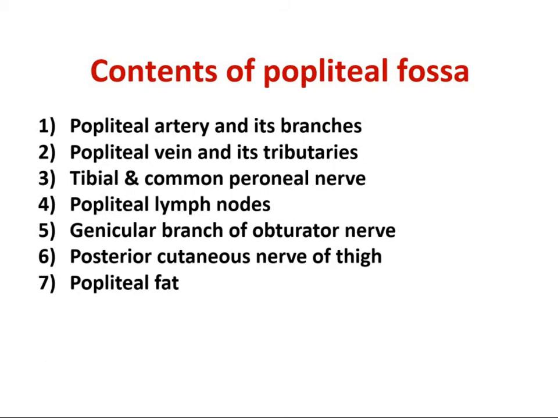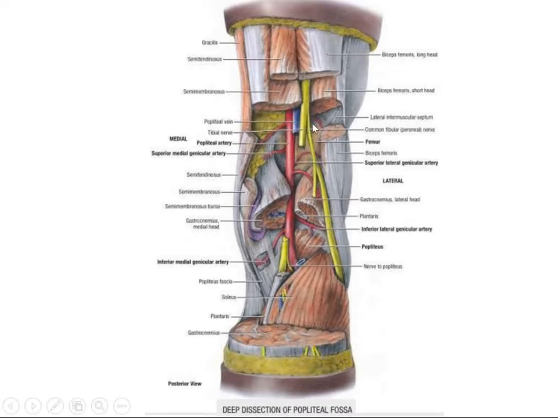Okay, so you can see we have removed the muscles, you can see the contents. This is your sciatic nerve, which is dividing into tibial and common peroneal branches. Then you can see the popliteal artery, and the cut section of the popliteal vein over here. So these are some structures which are visible as contents of the popliteal fossa.